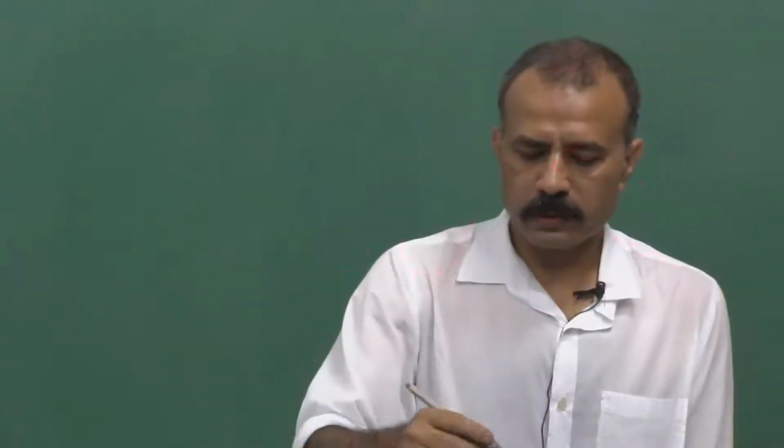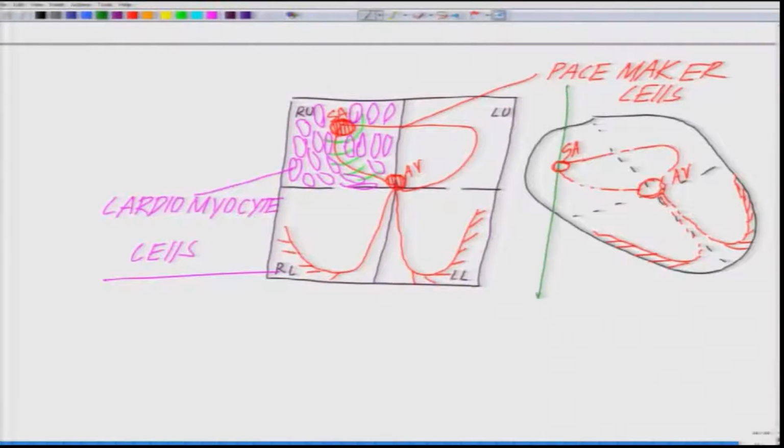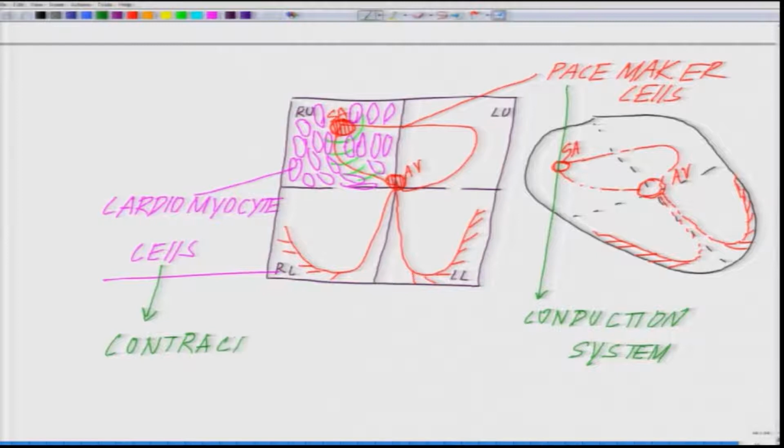So, pacemaker cells constituting the conduction system, 1. Then you have cardiac myocytes, which constitute the contraction system.